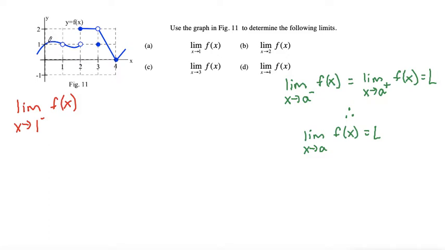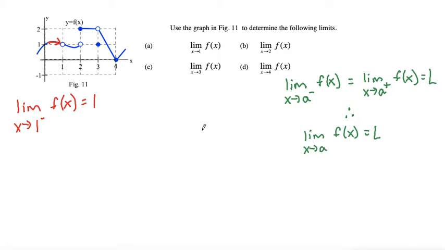So once we found the function a little bit to the left of x is equal to 1, we move towards x is equal to 1, so we're going to be moving to the right, to find, once we get to where x is equal to 1, what that function value is. So the function value is approaching the y value of 1. So our left-hand limit as x approaches 1 of f of x is equal to 1.